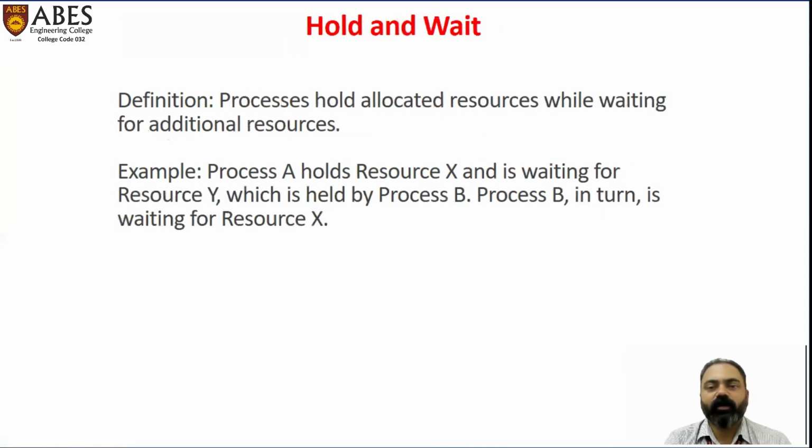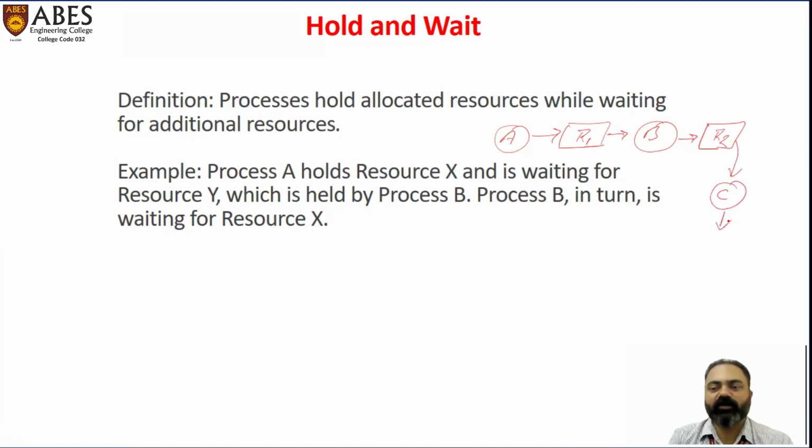Hold and wait. Again, hold and wait is similar to circular wait. The difference is the chain. In hold and wait, there is no cycle, no chain. Suppose there is a process A requesting for R1, which is currently in possession of B, and B is requesting for R2, which is in possession of C, and C is requesting for some other resource.